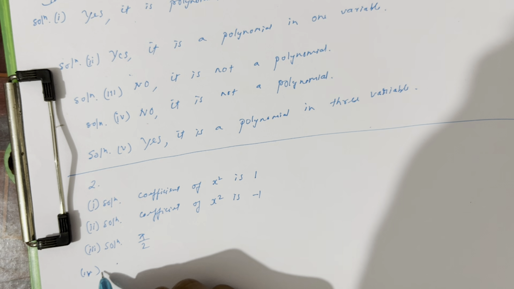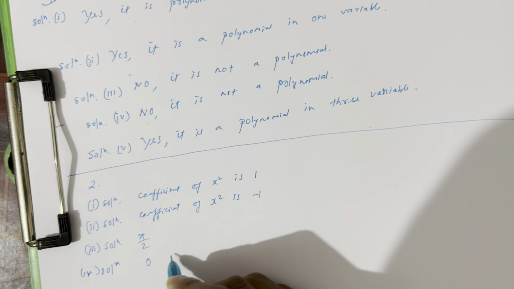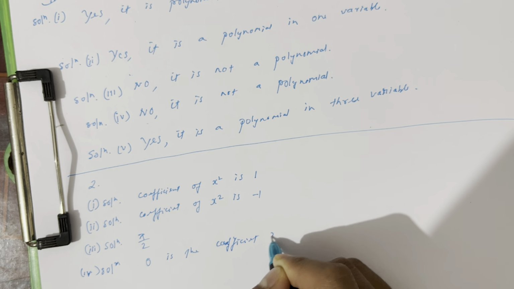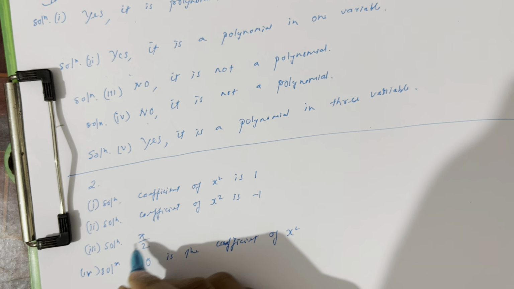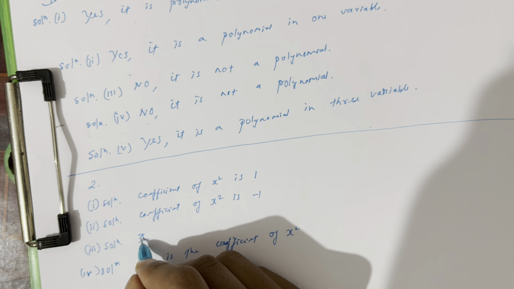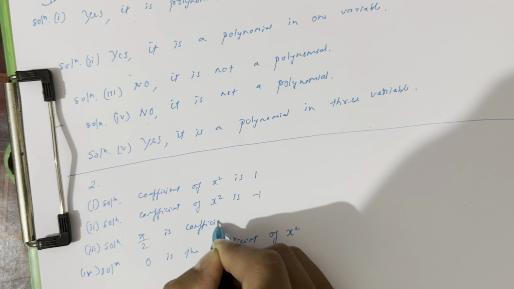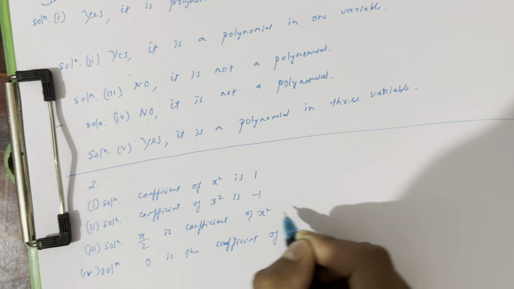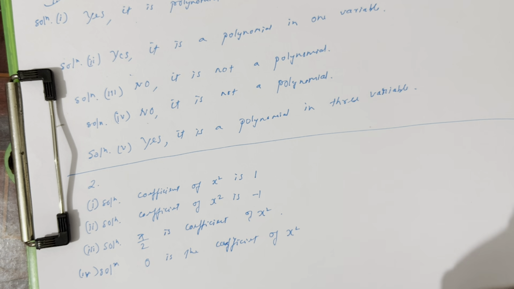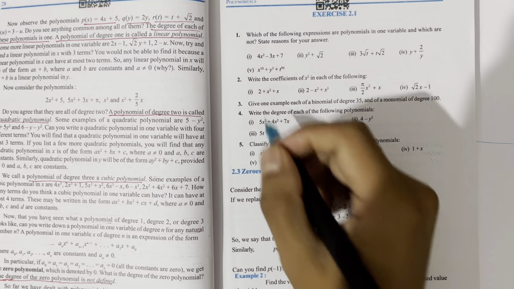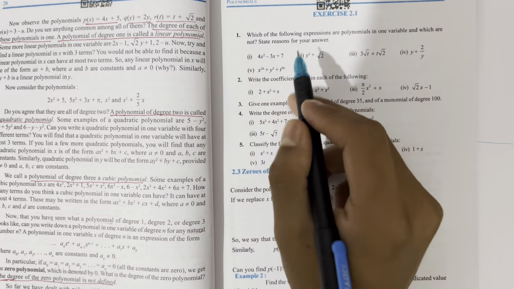Solution, 0 is the coefficient of x square. Okay, here also if you want to write, pi by 2 is the coefficient of x square, same only. Okay, question 1 and question 2 are done.